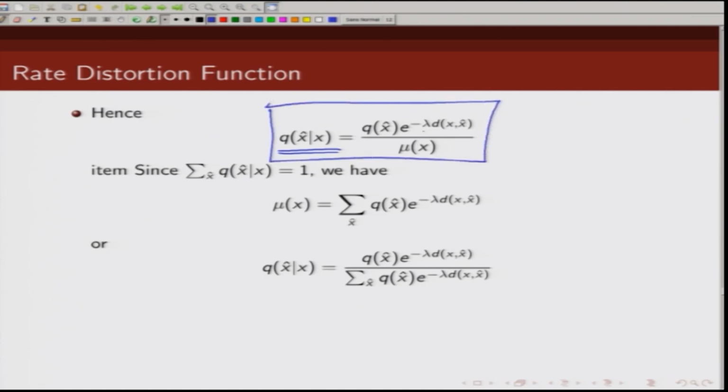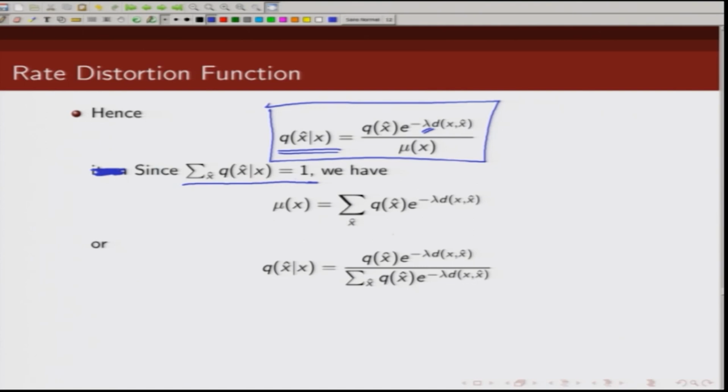Now, we do not know lambda, but we know that summation of q of x hat given x is equal to 1.